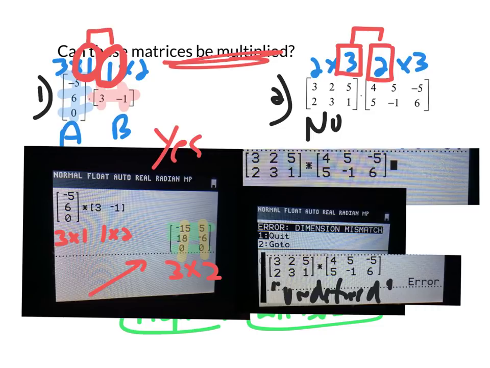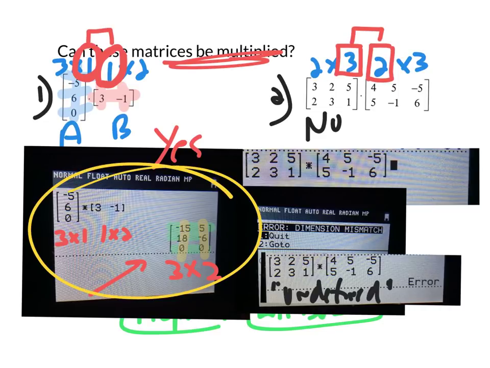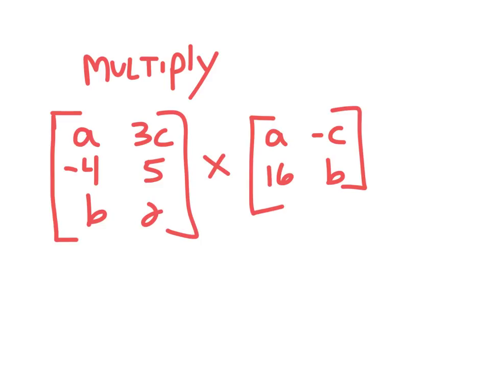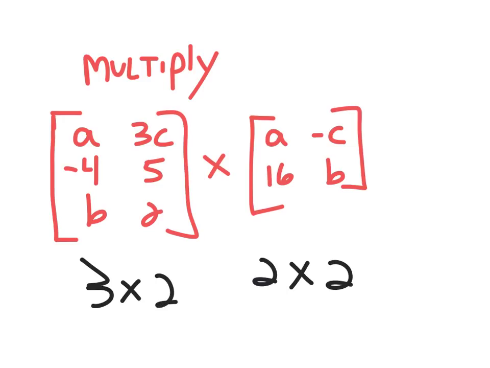Now, I know what you're thinking. Is the video over? Shortly. But why can't you just not worry about the rule and let your calculator tell you if it's undefined or not? Well, this is where I'm going to leave you. Here I want you to try to multiply these 2 matrices together. Here we have a 3 by 2 matrix times a 2 by 2.